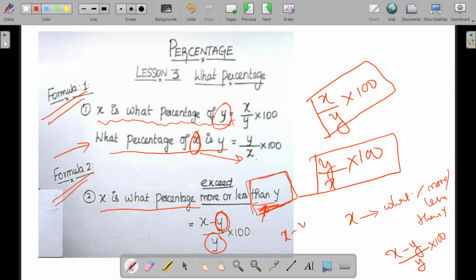If x is more than y, you will get a positive value; less means a negative value. This is a very important formula.